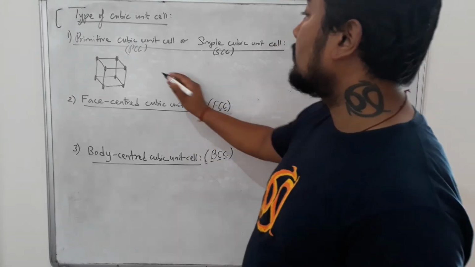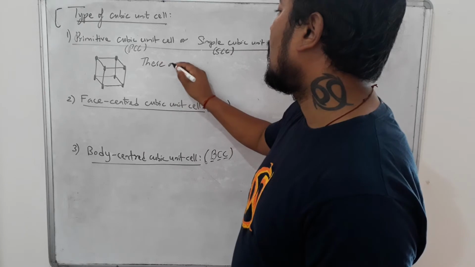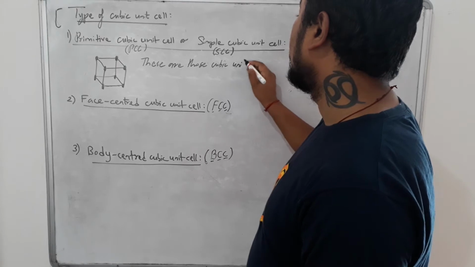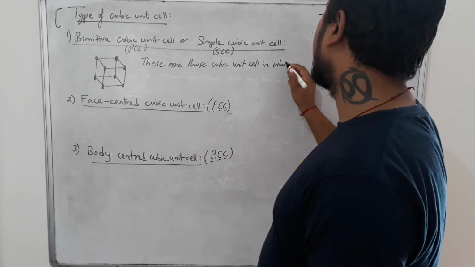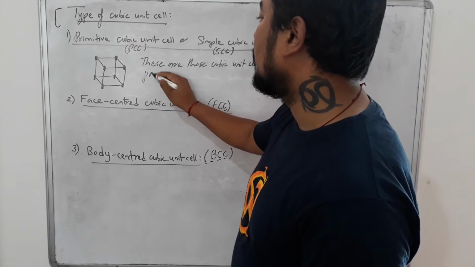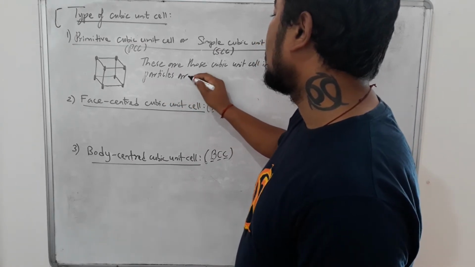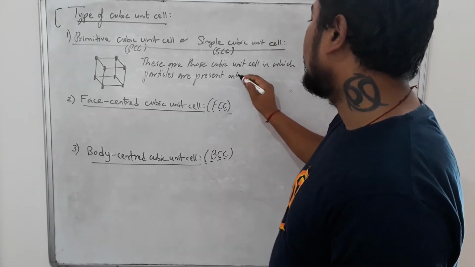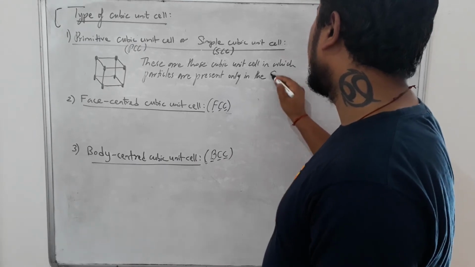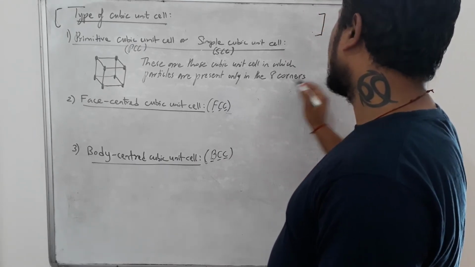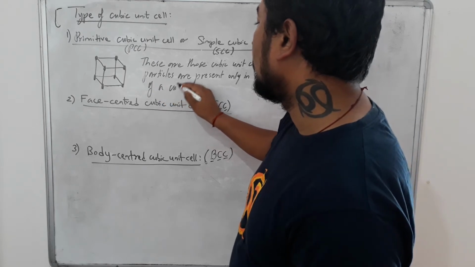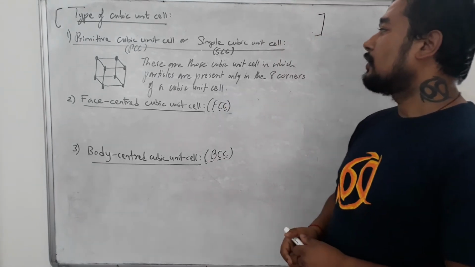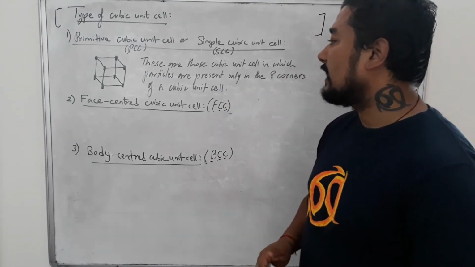So what is a primitive cubic unit cell? These are those cubic unit cells in which particles are present only in the 8 corners of a cubic unit cell.